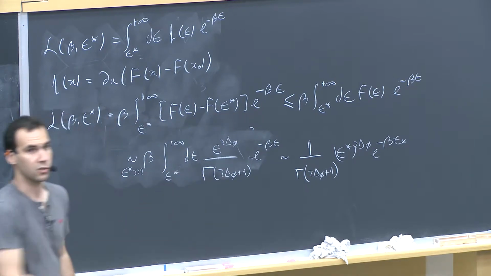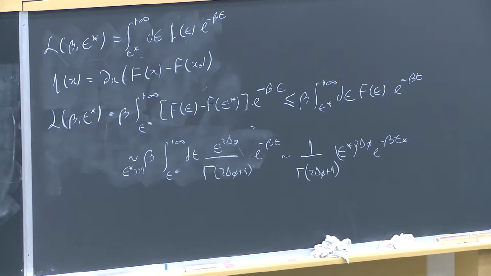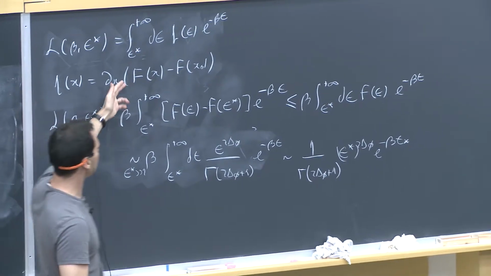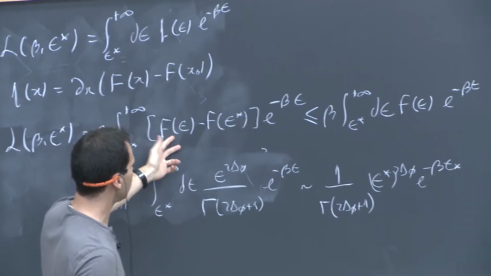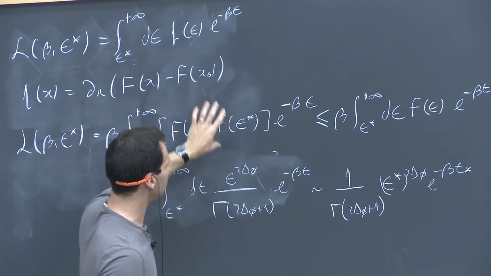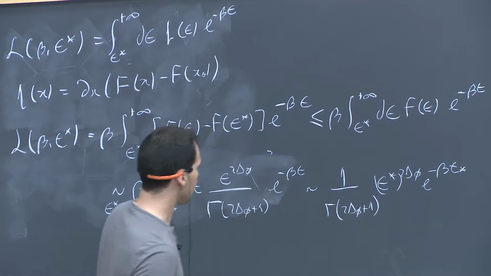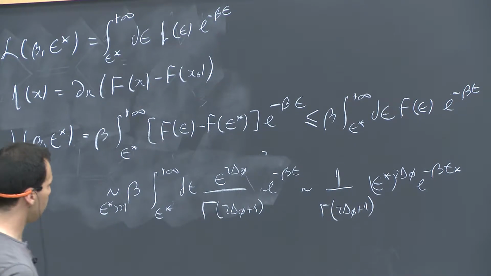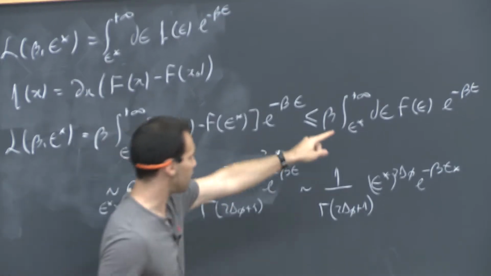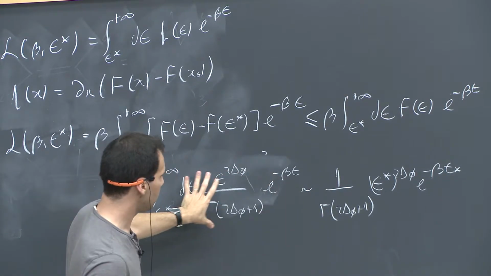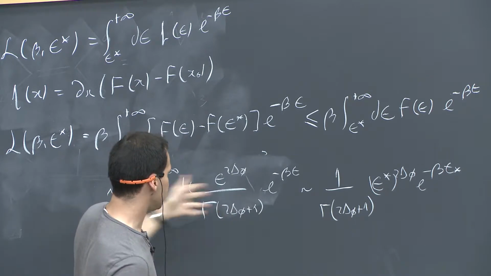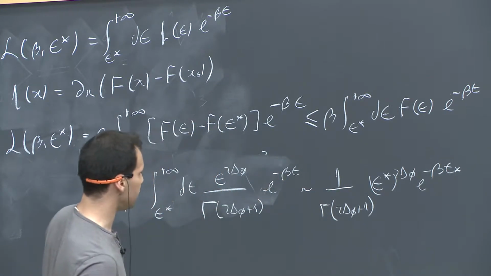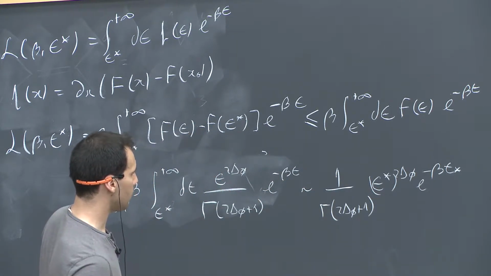So there's your exponential. Now there's something that we're subtracting off here, so this is smaller than this. Now we use the Hardy-Littlewood asymptotics, that this function will have to become this. And then this is just an approximation of this integral.